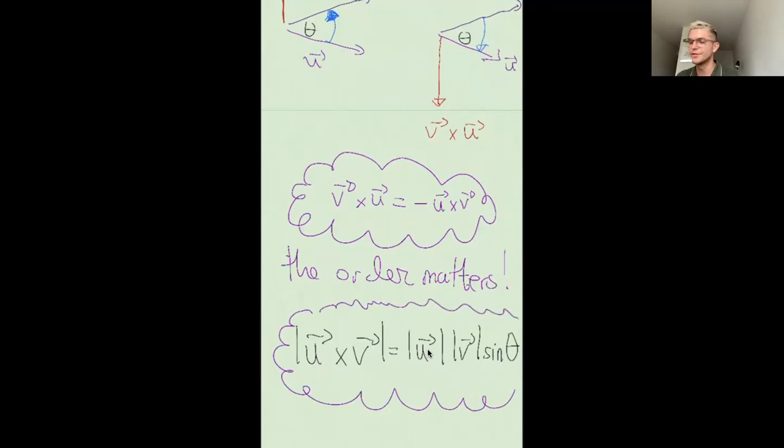So that's to fix the size of the cross product. The formula for the size is very similar to the one for the dot product, but the dot product uses cosine while the cross product uses sine, okay?